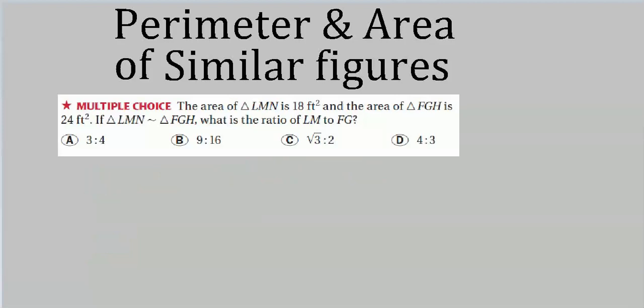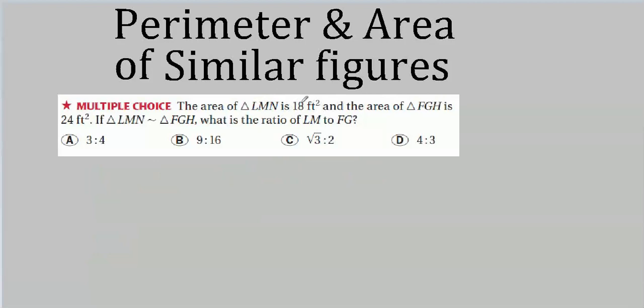Well, okay, here's a perfect demonstration of what we were just talking about. Similar figures and the ratios of perimeters and areas. In this case, it's areas. And what they want is the ratio of this one here, LM, to FG.